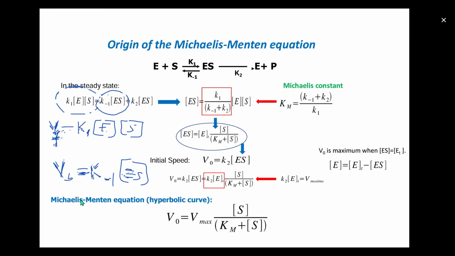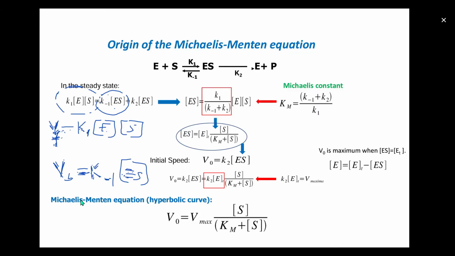And of course, after we have this, we can proceed. We are now going to make the enzyme substrate complex the subject of the formula. So here we have enzyme substrate complex concentration, and here we also have enzyme substrate complex. So we are going to factorize it.